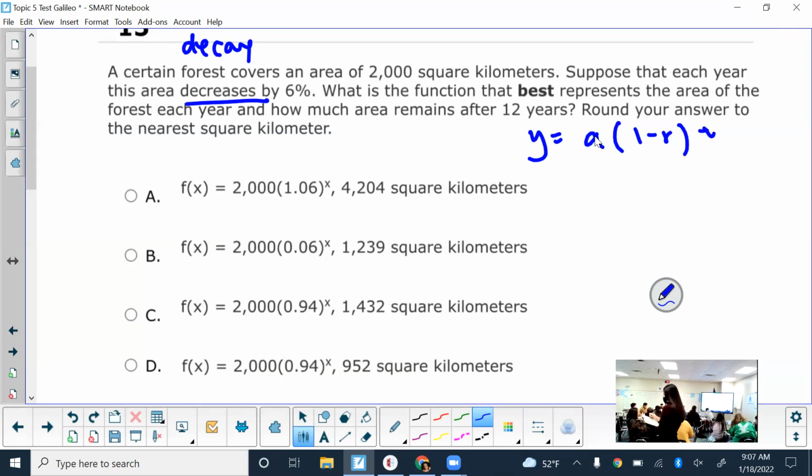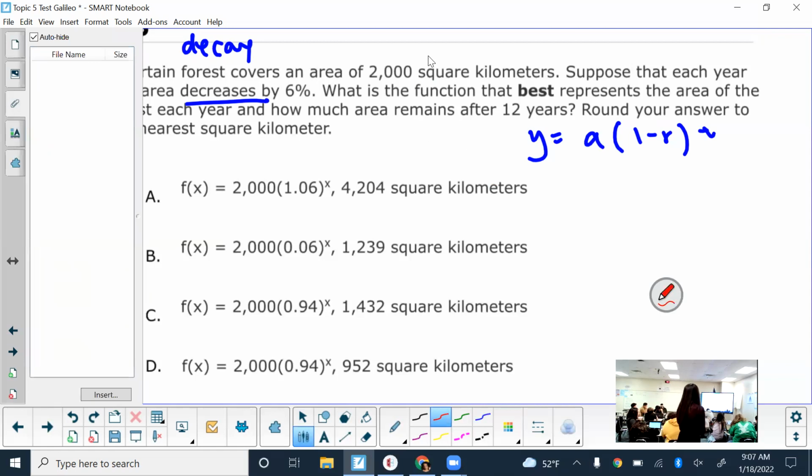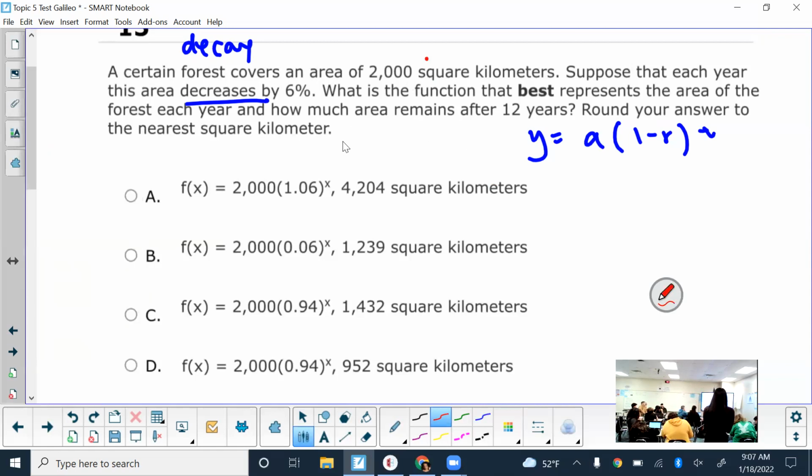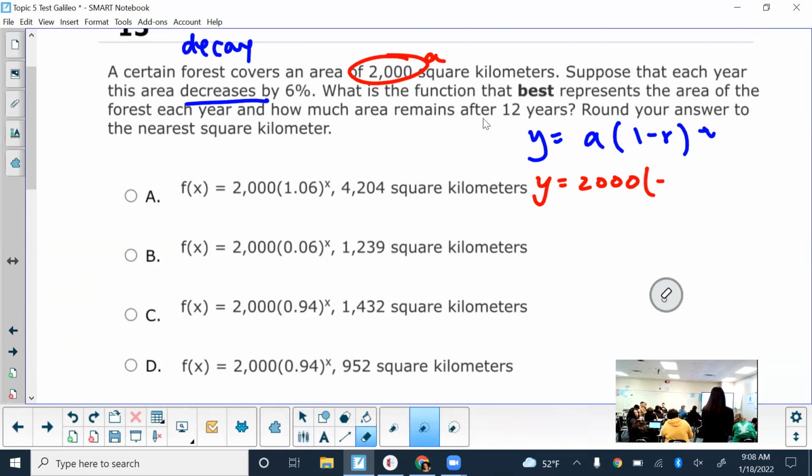All right, we said A is for initial amount. So what is my initial amount in this problem? Good. So far I have y equals 2,000, which is in all the problems, so that doesn't really help me. And then I have in parentheses 1 minus the rate. What's the rate? 0.06. Good, so you put it as a decimal. So r needs to be a decimal.